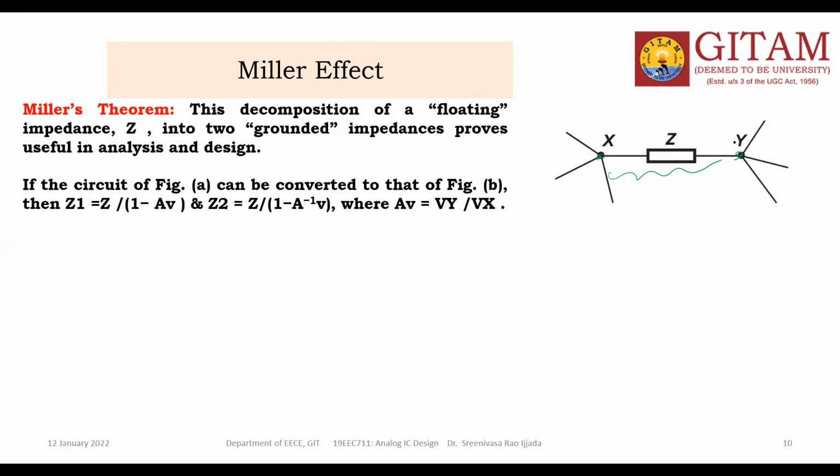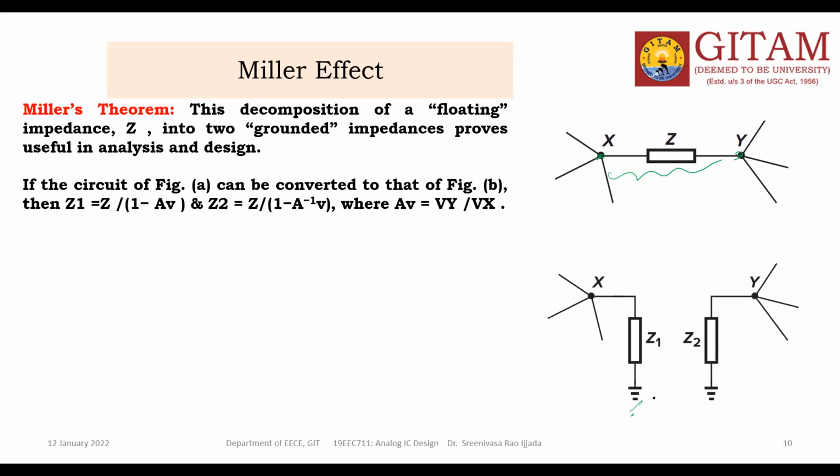So I want to split this Z into two components, two grounded components. Simply, I need to do it like this. This is one component, and this is one more component. So now the ground is there. The floating impedance Z is decomposed into two grounded impedances.